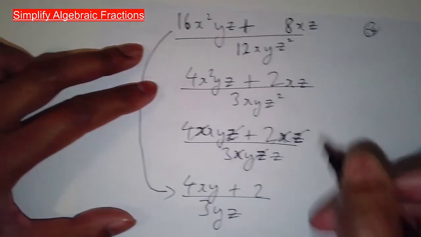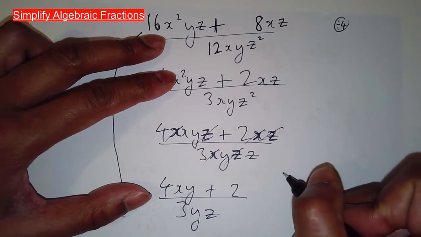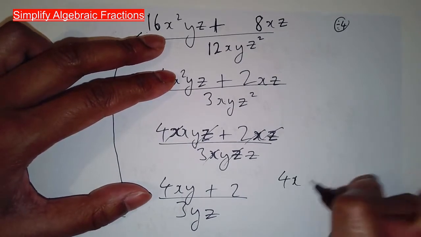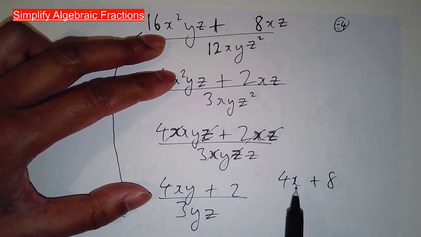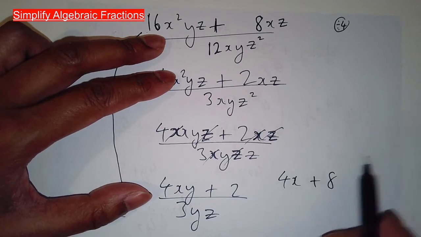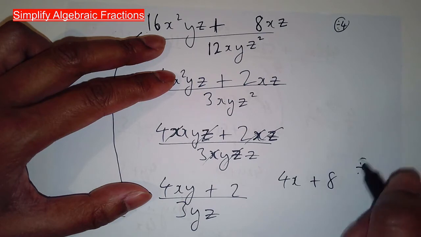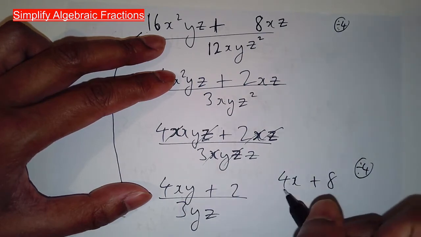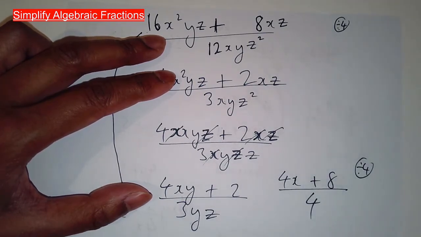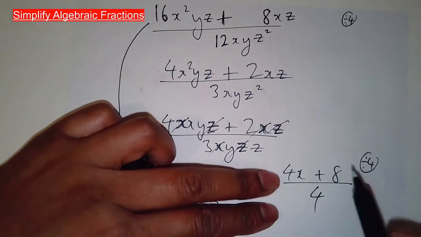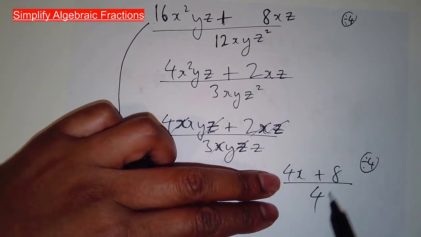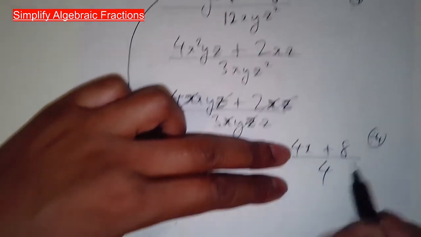Now just be careful. Let's suppose you had something like this, something basic like this. Please do not divide by 4. I know 4 goes into 4, 4 goes into 8, but do not divide by 4 in this case. But if it was a fraction like this, then you'd be looking for something that all 3 parts have in common. Obviously 4 divided by 4 in that case is 1.